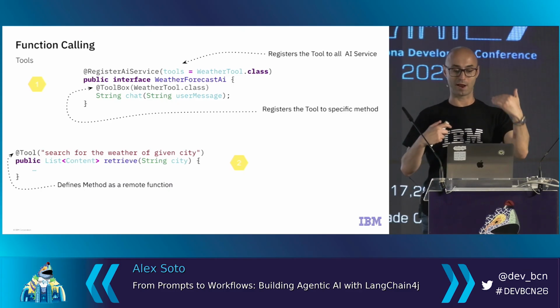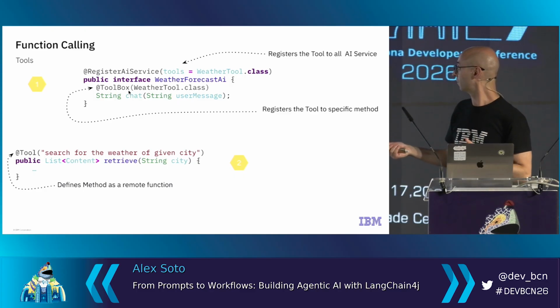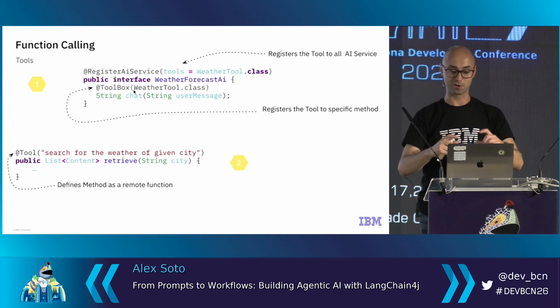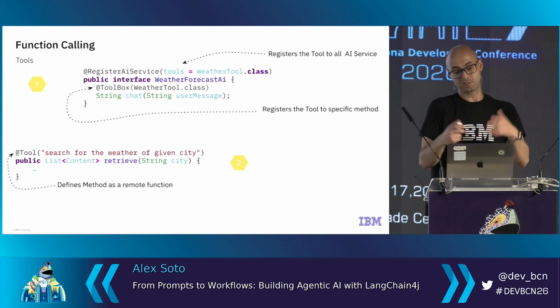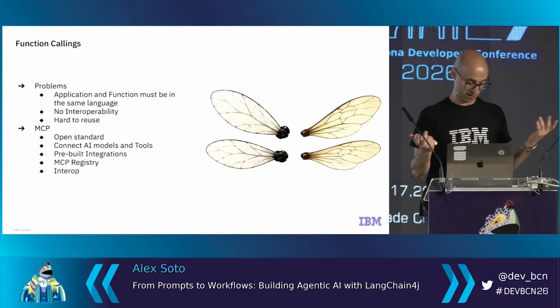So every time that I invoke the original chat method, this one, I'm also sending the signature and the description of these annotated methods. So you'll say, okay, great.